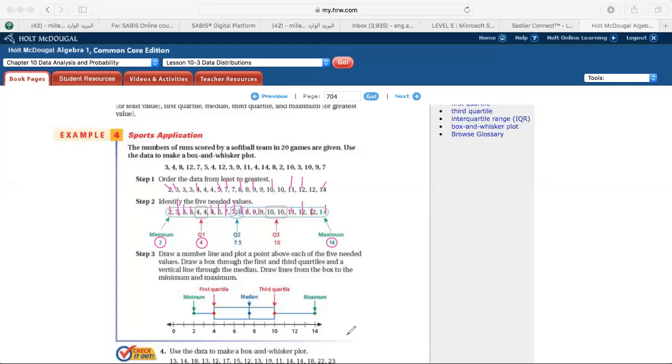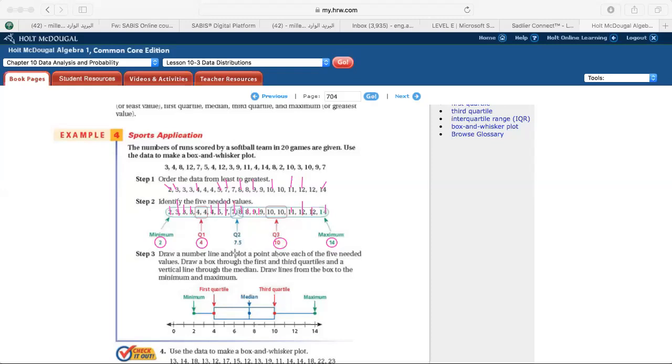So the third quartile is the median of the second group, which is 10. Okay, girls? So now I have 4 numbers.